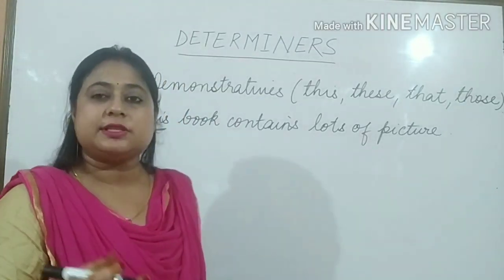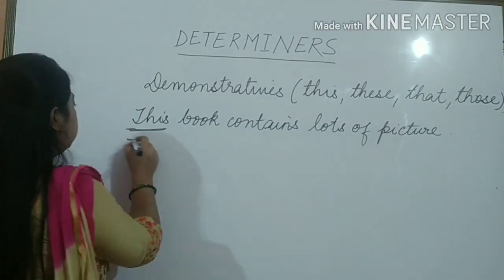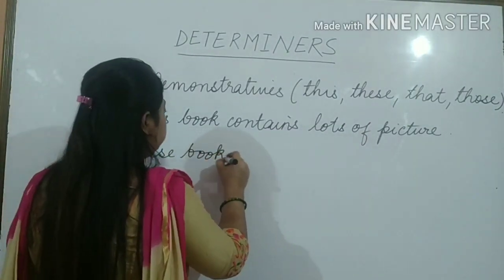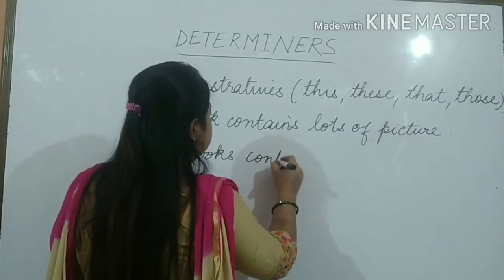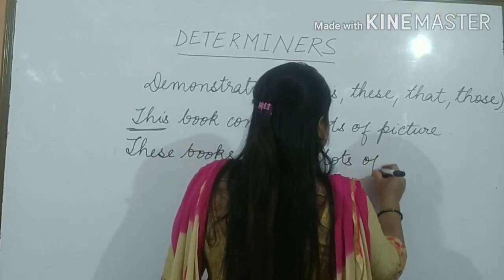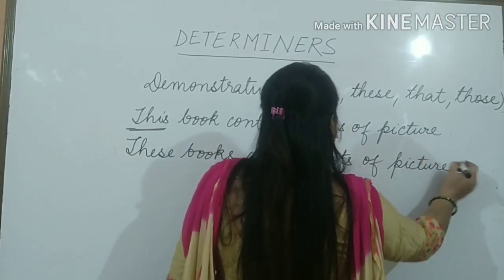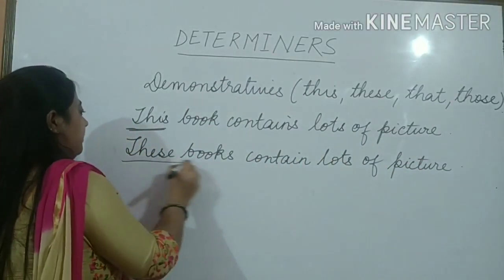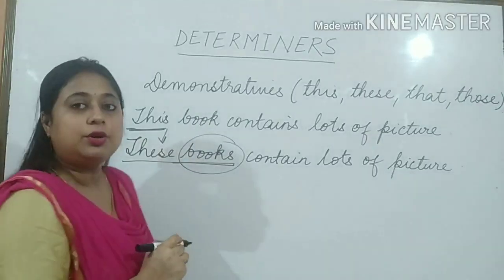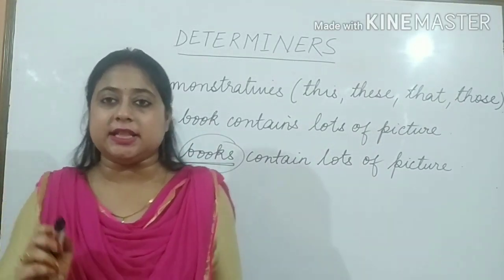And when I use it in plural sense, then we will use these books. These books contain lots of pictures. Because the noun has become plural, this has changed into these. So, understood where we use this and these.